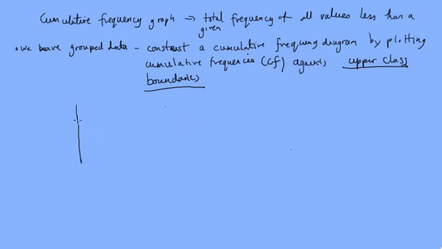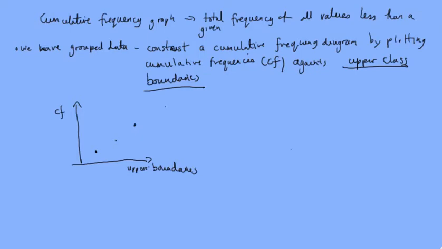So say you've plotted a graph and you've got your upper class boundaries down here, and then your cumulative frequency up here, and say you've got some points here.